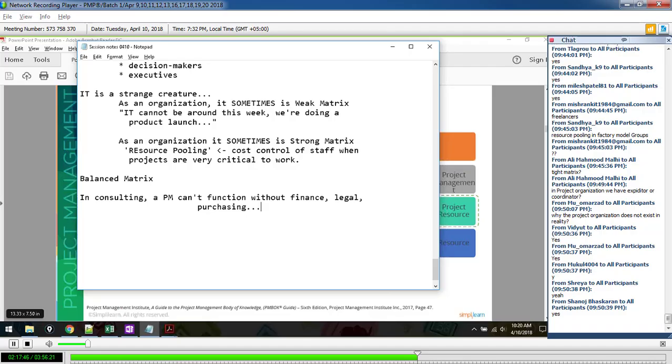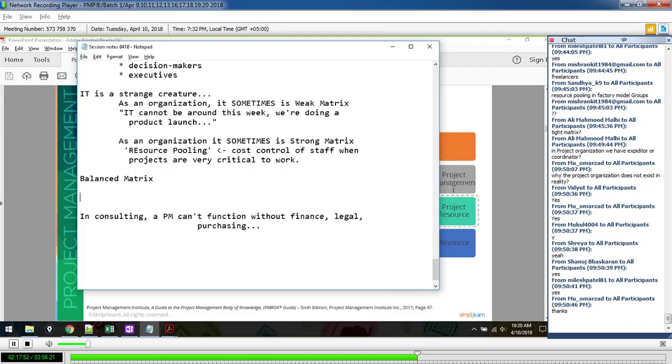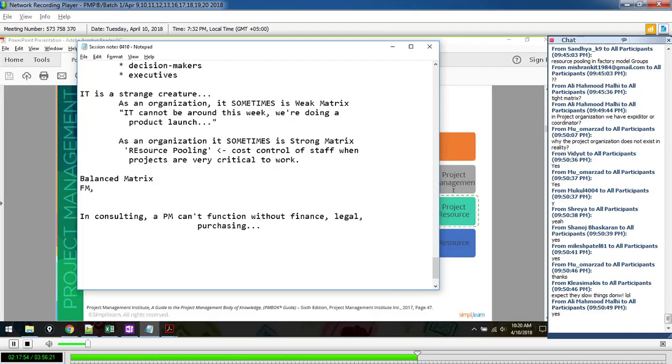That's why I say it. Now, a balanced matrix is where the functional manager and the project manager have equal authority. Okay. Yeah, they can slow things down, but they slow things down for good reasons. So the functional manager and the project manager have equal authority. Let's do this.